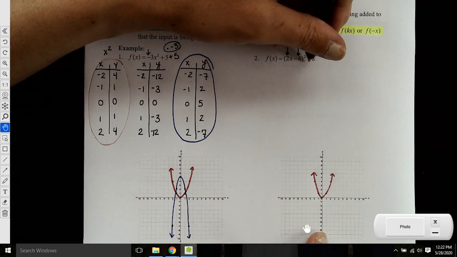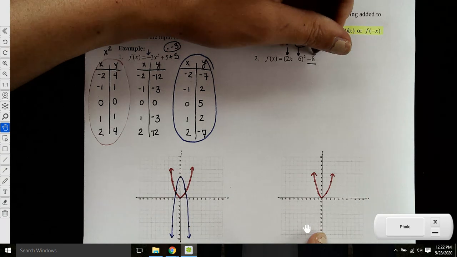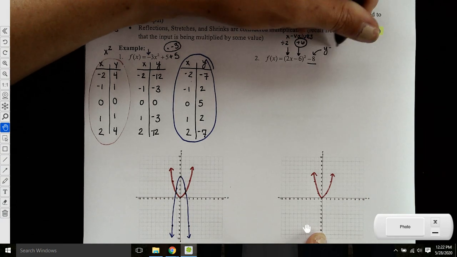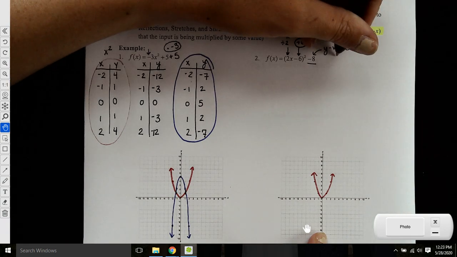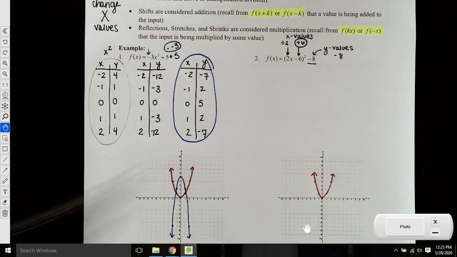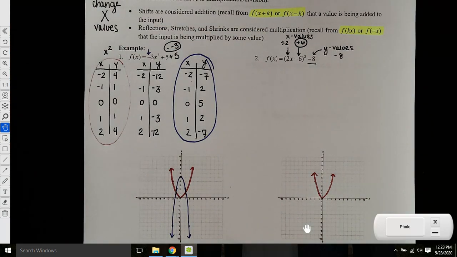Now, this here is happening to the y value because it's on the outside. So I'm going to subtract 8 because on the outside I do the exact same thing that it looks like. All right, so the first thing I'm going to do, I can do something to the x values and the y values at the same time because I don't need to use order of operations for that.